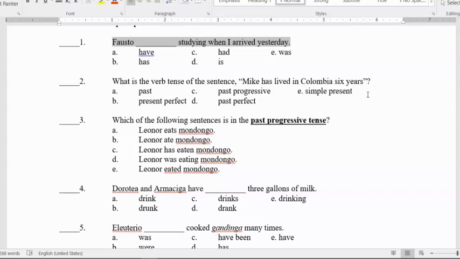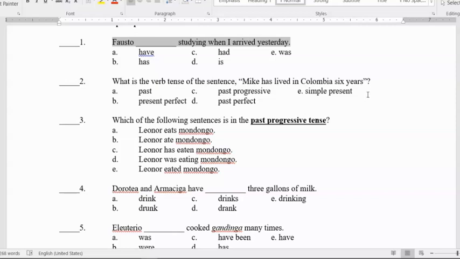Notice that the modal auxiliary par excellence that we use in the perfect tenses has to be the verb have in one of its forms. So this leads us to what we had studied before, the different formulas for verb tenses that you love so much, right?